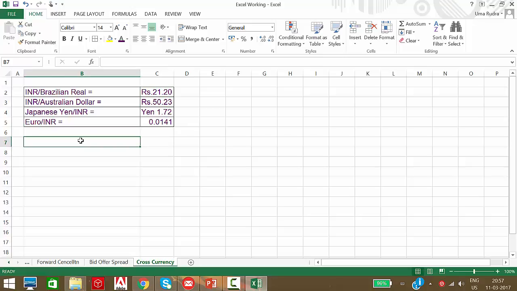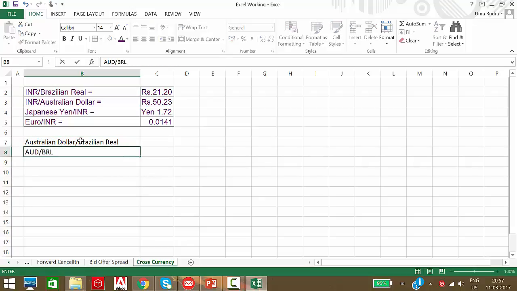From these rates, first we have to calculate Australian dollar per Brazilian real, AUD per BRL. How can we get that? I have the combination AUD INR and the combination BRL INR.